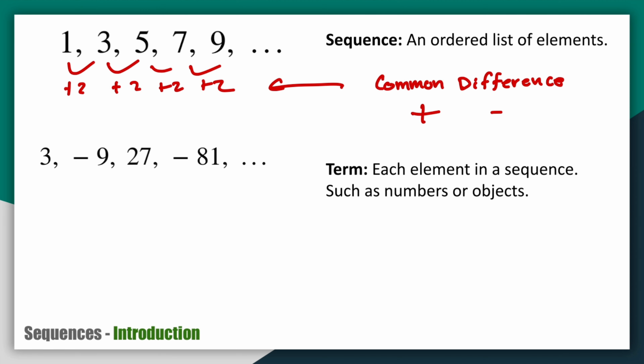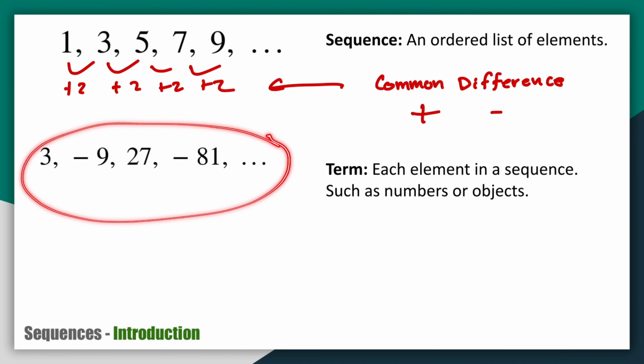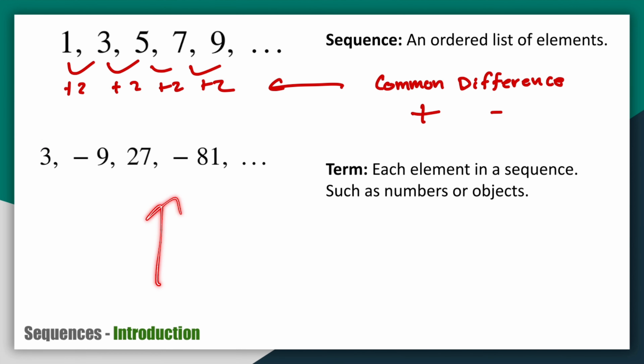And then in that last video, we kind of brushed over this one. This one is a geometric sequence, which is basically the same exact thing, except instead of addition and subtraction, it's from multiplication. Notice how I did not say multiplication and division. I just said only multiplication, okay?